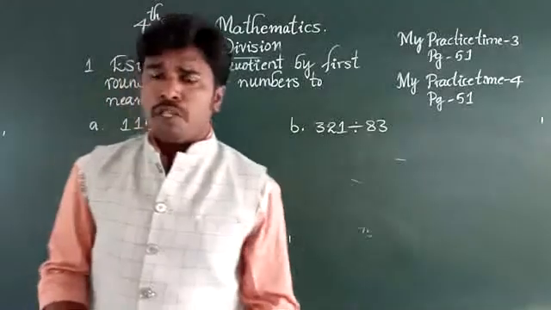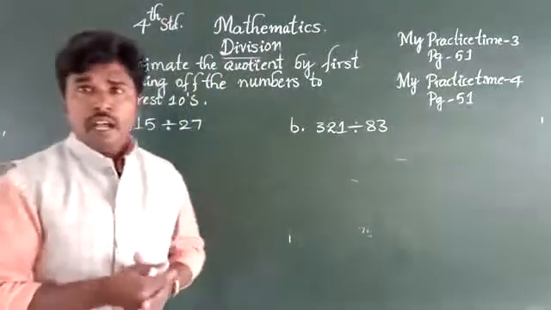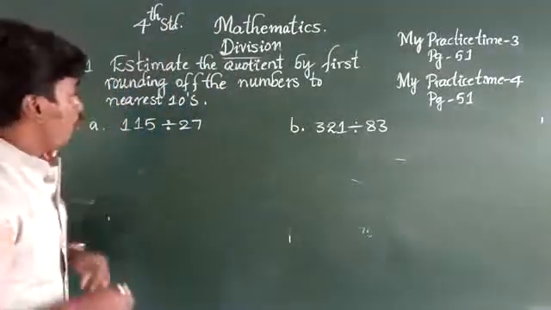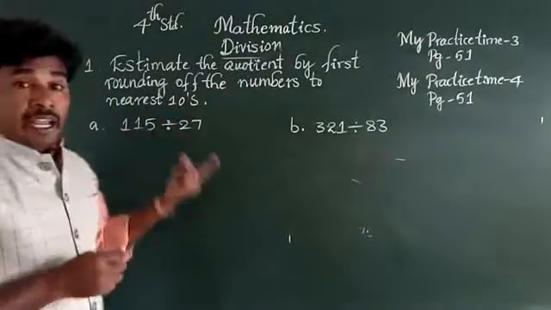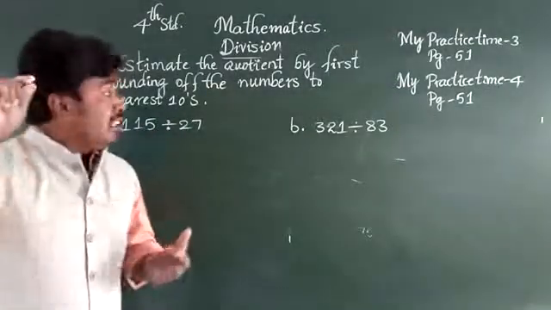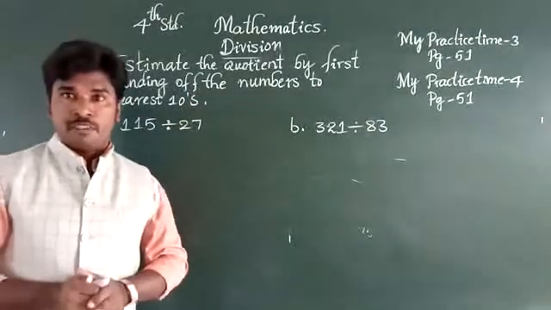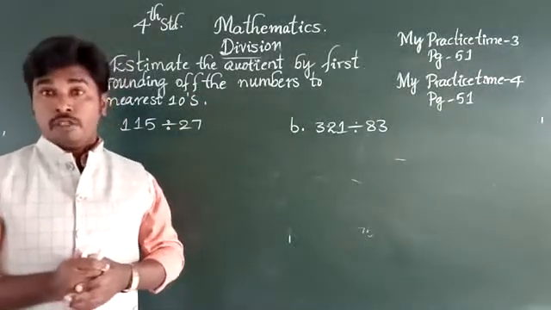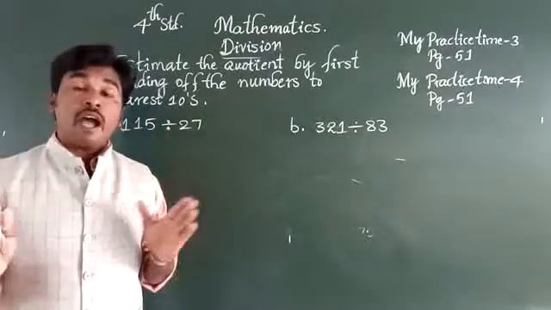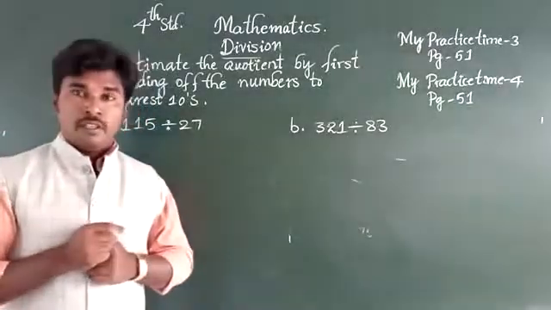So these are the 2 questions. Suppose if I have sufficient time, I could take one more. So first you take the numbers, then round the numbers to nearest tens. You need to round the numbers to nearest 10, then you start dividing.